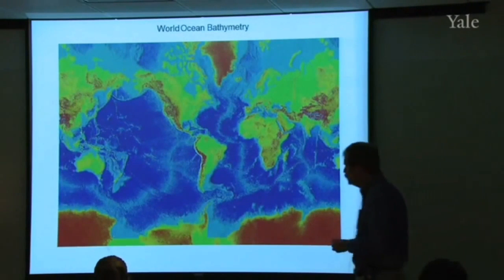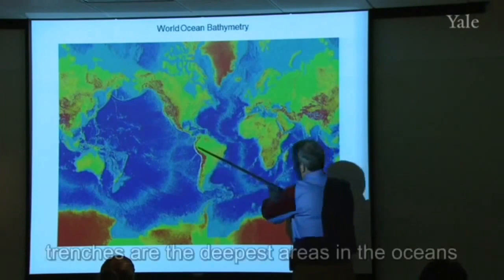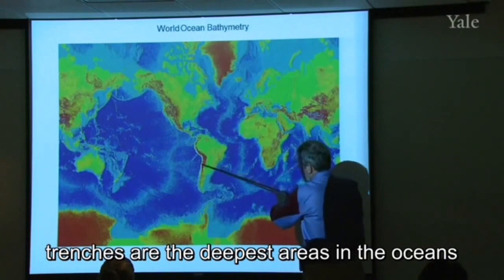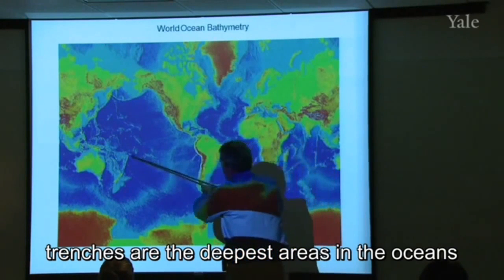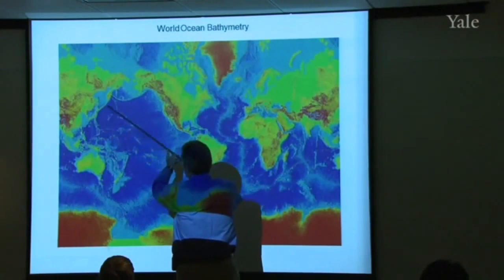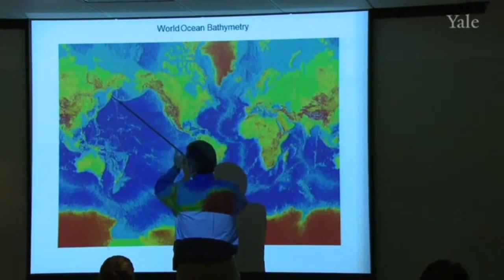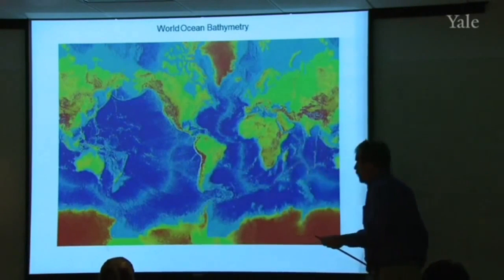And then the trenches don't show up well on this diagram, but they are the darker blues still. And you see a little thin line along there that's a trench. You see one here. You see an important one here and up along here, and even along the tip of the Aleutian Islands. So those are the subduction zones.